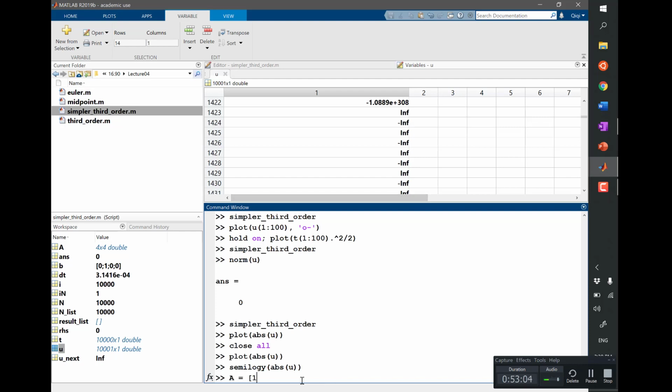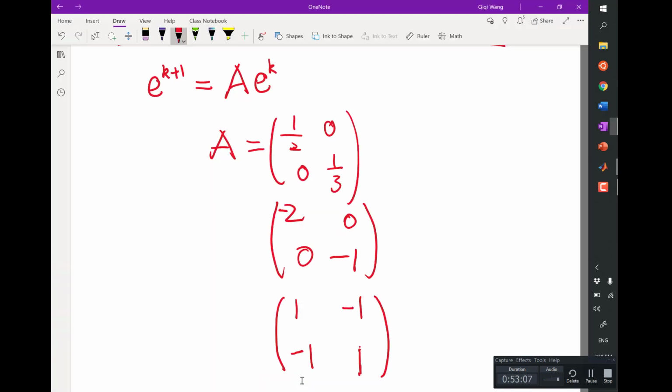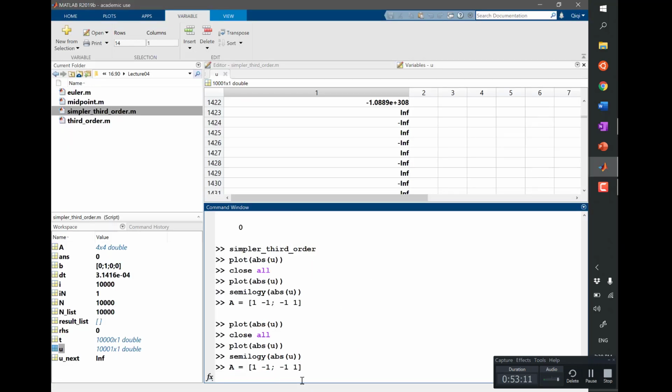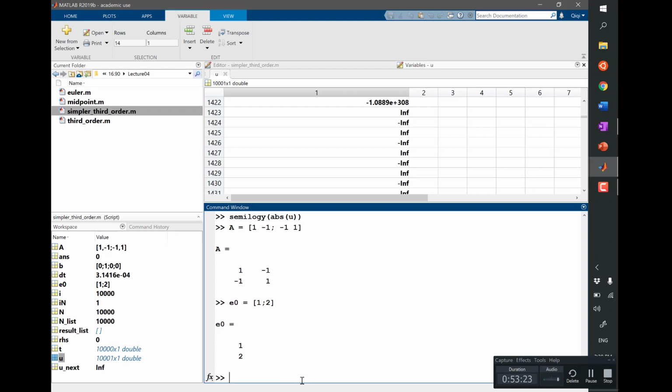So A is equal to 1, negative 1, negative 1, 1, right? Just give me a random vector, E0. 1, 2. Okay. So let's say E1 is equal to A times E0.